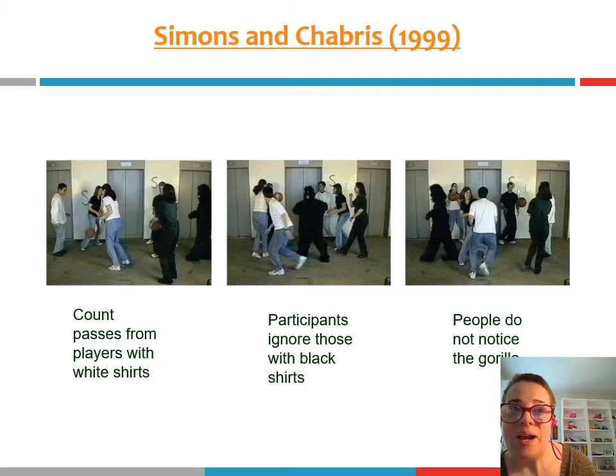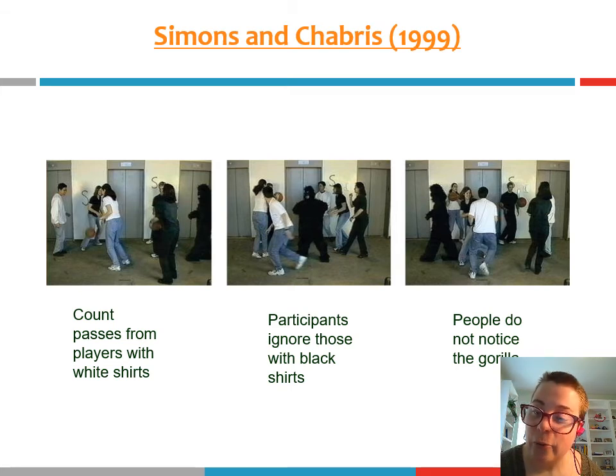Either a woman carrying an umbrella or a person dressed in a gorilla suit walked through the game, right? And both the woman with the umbrella and the person in the gorilla suit not only walked through the game, the gorilla also stood still for a moment and beat their hands on their chest, right?